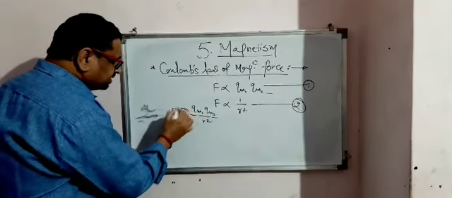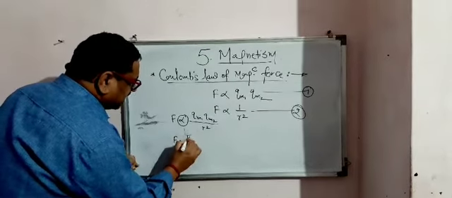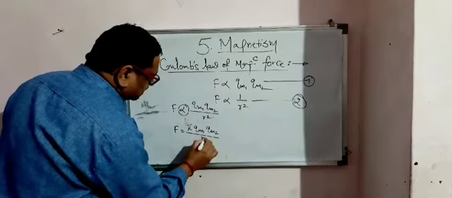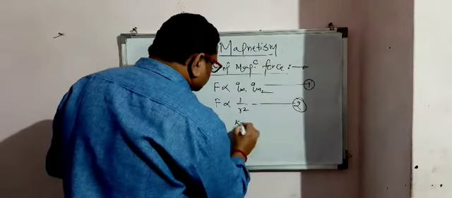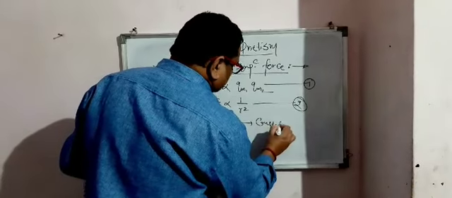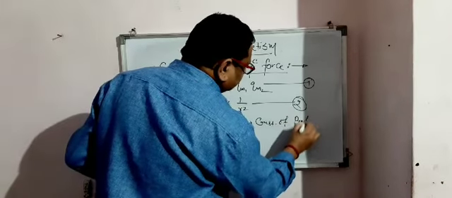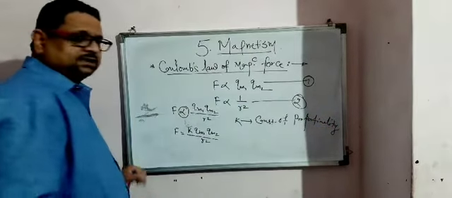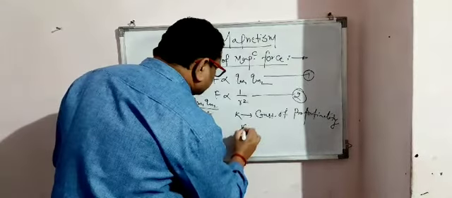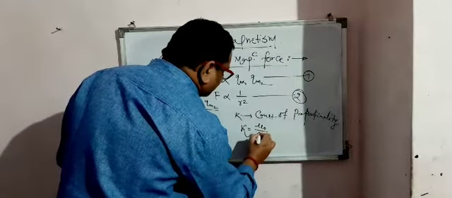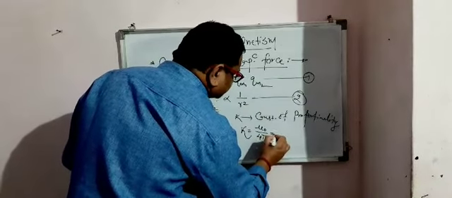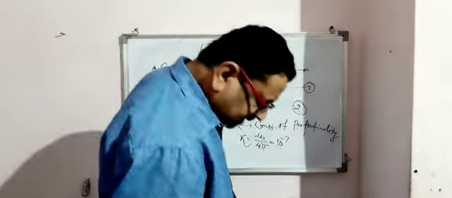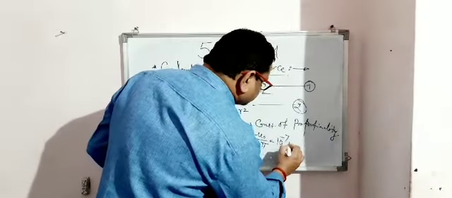If we remove the directly proportional sign, we can write F is equal to K qm1 qm2 upon r squared, where K is the constant of proportionality. In SI units it is given by K is equal to mu 0 upon 4 pi, whose value we have already seen, 10 to the power minus 7 newton.